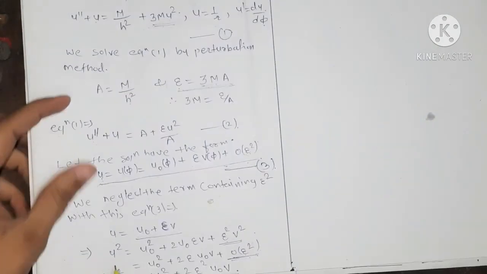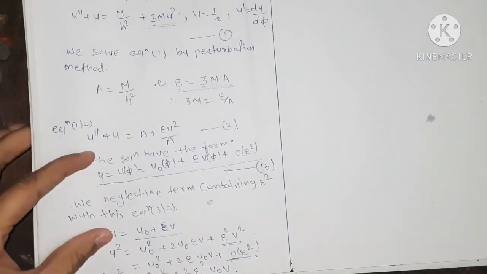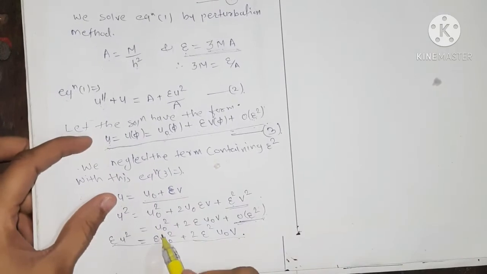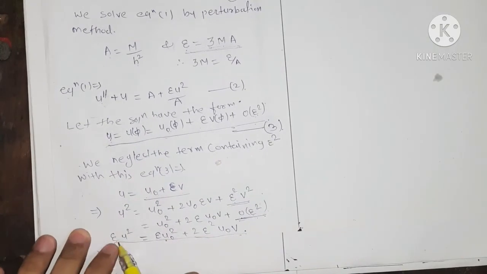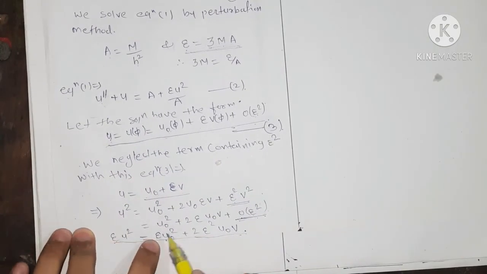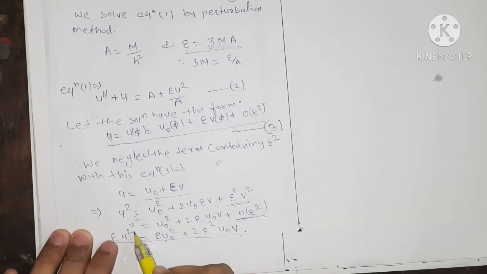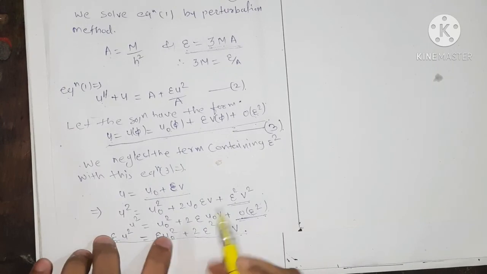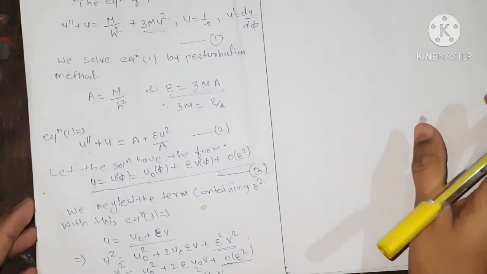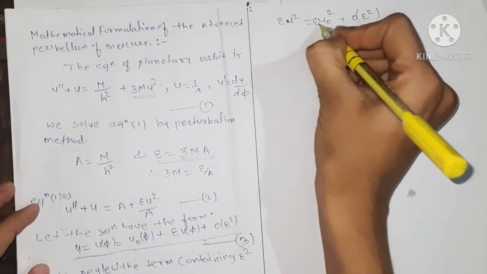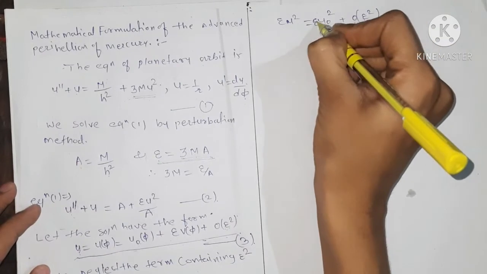As here we are multiplying by epsilon, note down here epsilon into u square, so epsilon u square equals epsilon u0 square. Okay, I am correcting here.